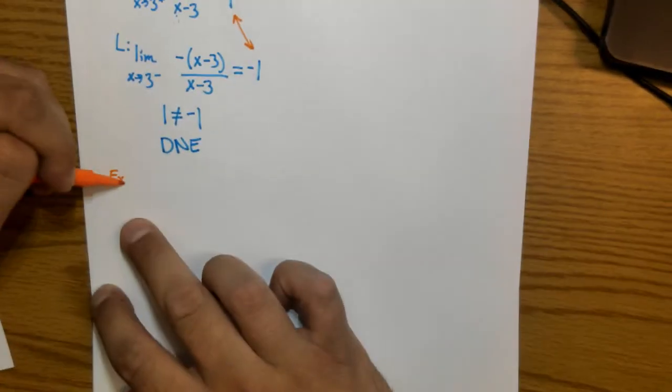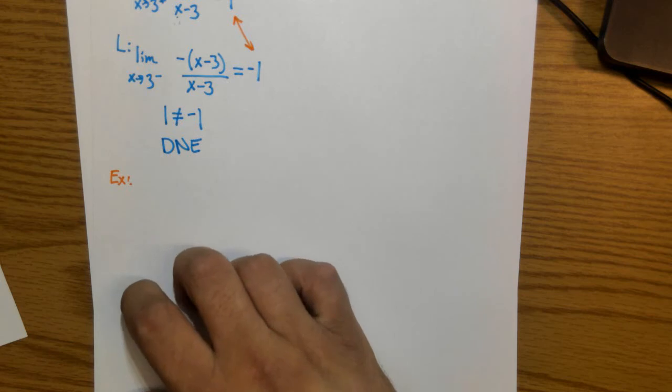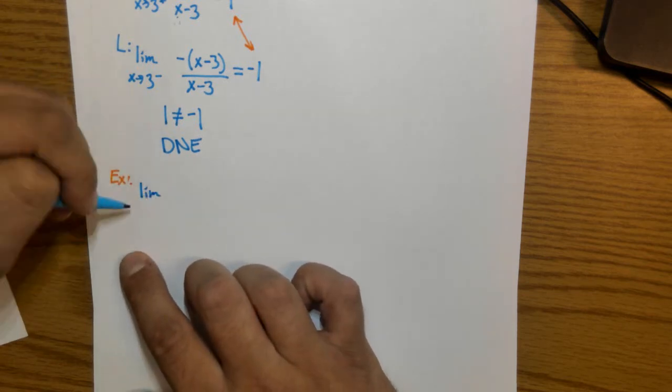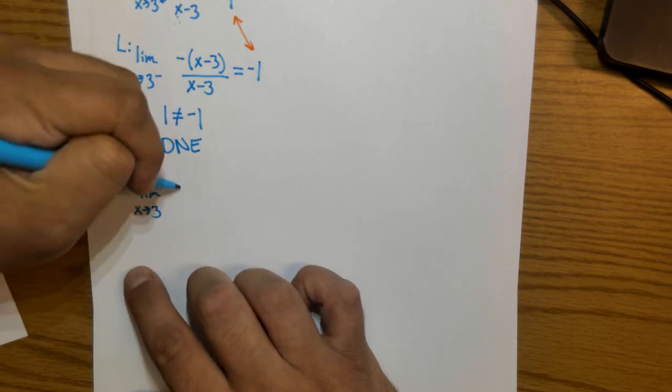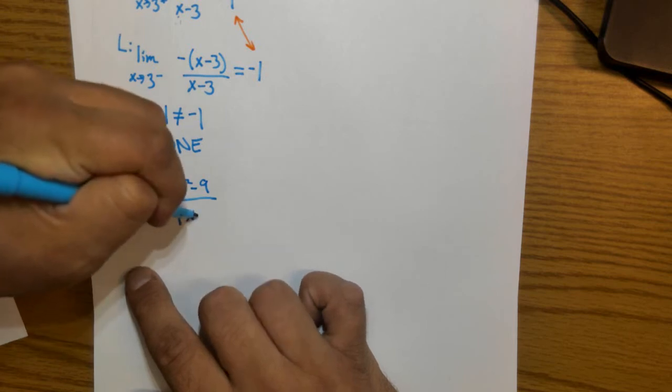Now, one last example, and this is one where we might need to use a little algebra. Well, we will need to use a little algebraic trick here. So, the limit as x approaches 3 of (x squared minus 9) divided by the absolute value of x minus 3.